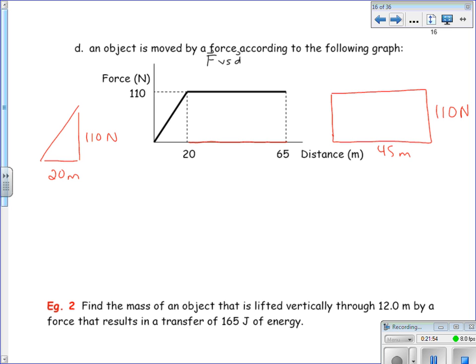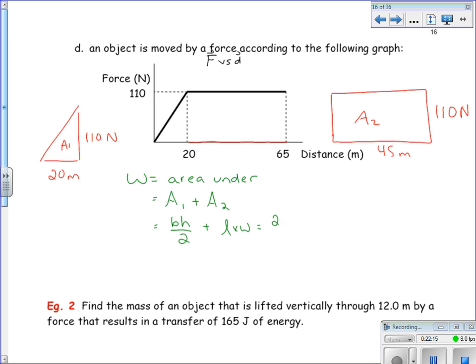Okay, so we can find area 1 here and area 2, and work is equal to the area under the graph, which is equal to area 1 plus area 2. So in this case, that's base times height over 2, and then we're going to add length times width.